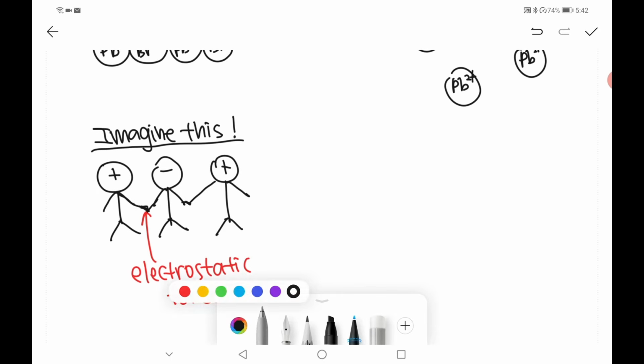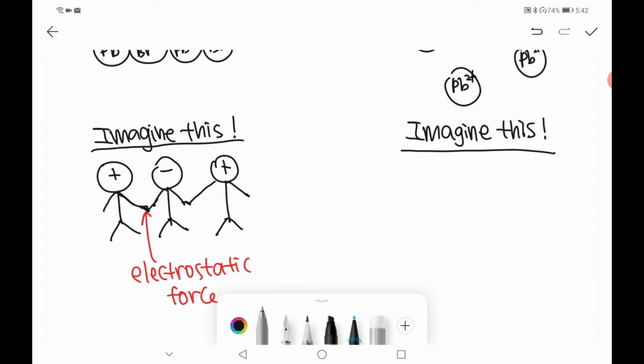Now when we come to molten form, the force is overcome. You can see here, break here, break here. When we overcome the force, all the ions are free already. They don't hold their hands together anymore, so there is no more electrostatic force.